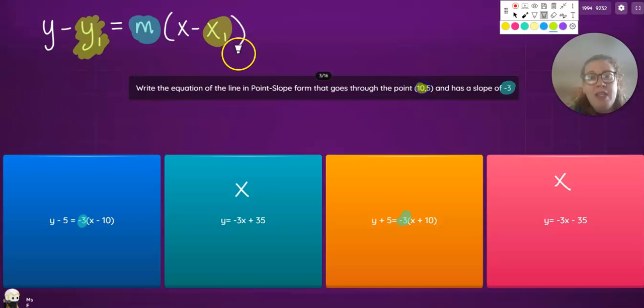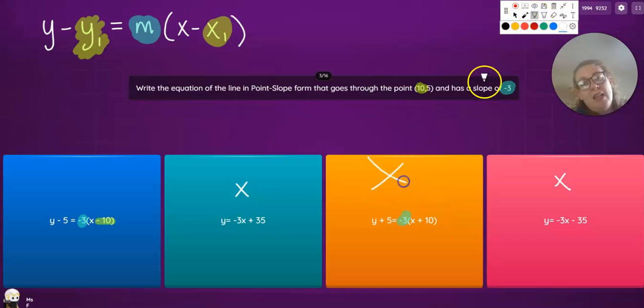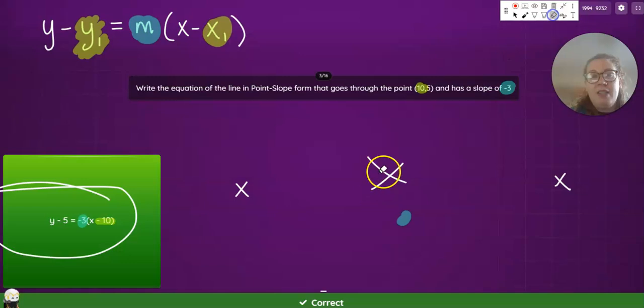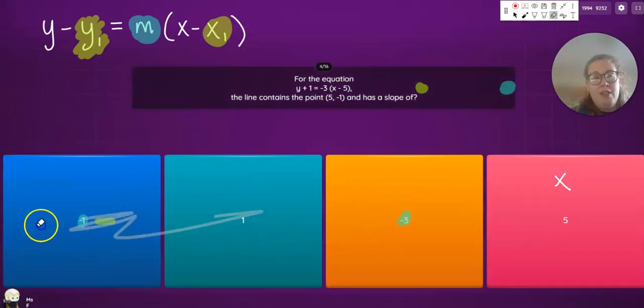Our x coordinate is 10, so it's going to be minus 10. It's not plus 10, so we can cancel out option C, which leaves us with A as our final answer, using that process of elimination.